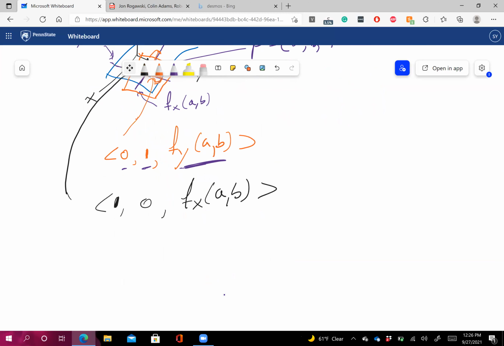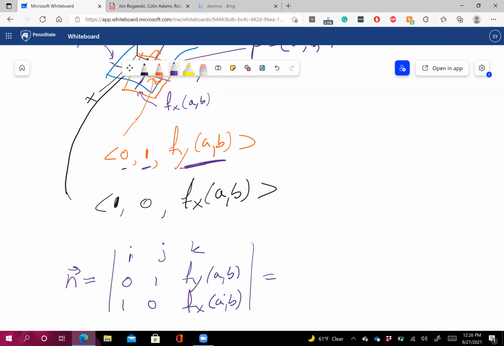And so now we can find the normal vector to our tangent plane. It's going to be the cross product of i, j, k, the first vector, 0, 1, and f_y(a, b), and the second vector, 1, 0, and f_x(a, b).